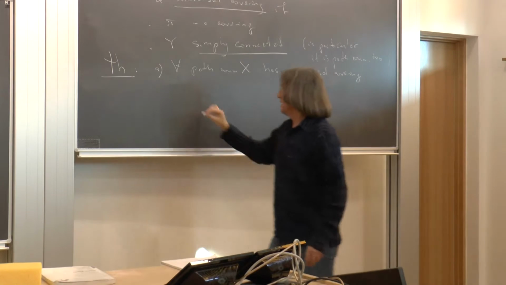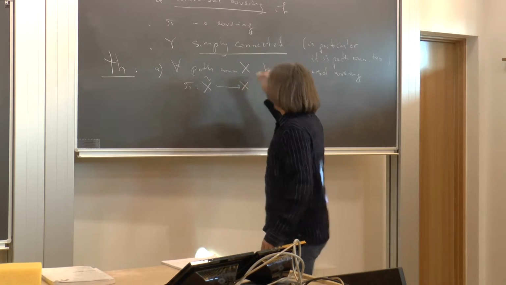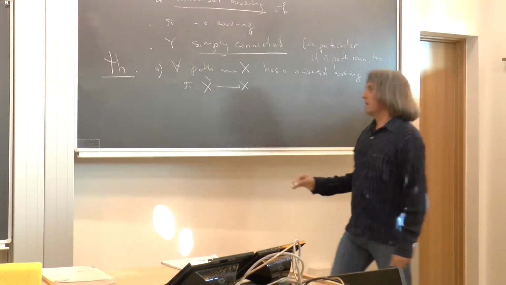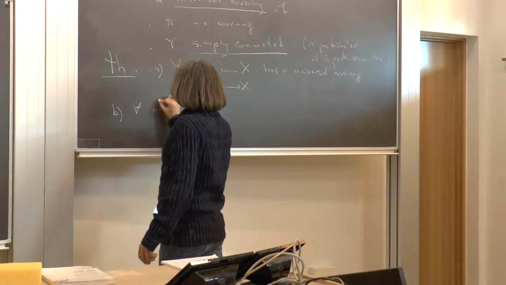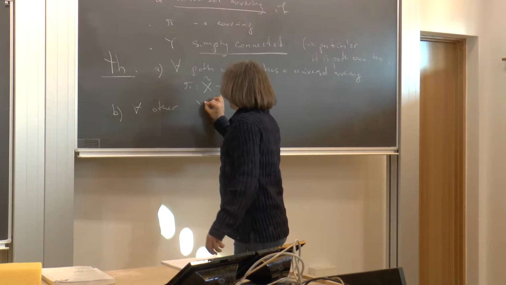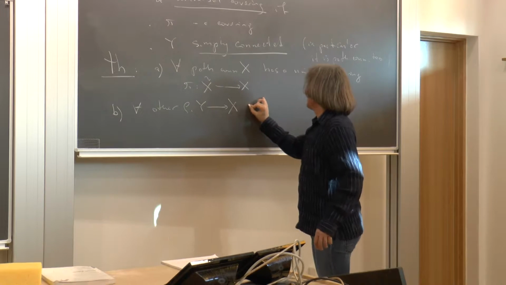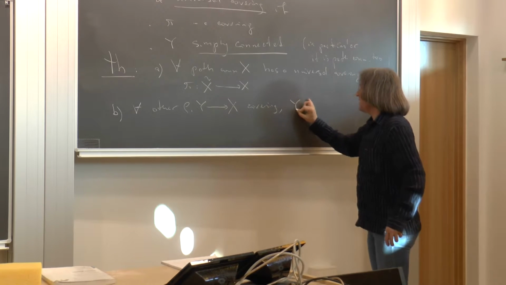Call it pi from x tilde to x. So universal coverings exist. And B, for any other covering, call it rho, such that y is path connected.